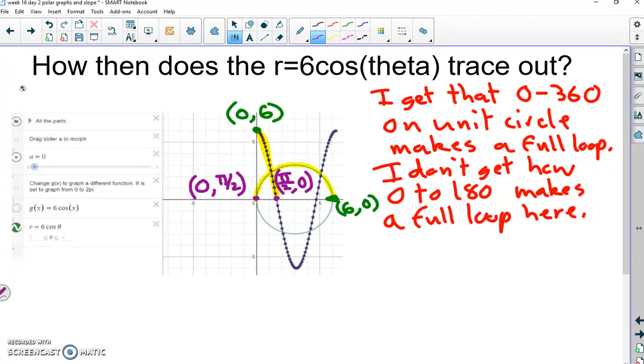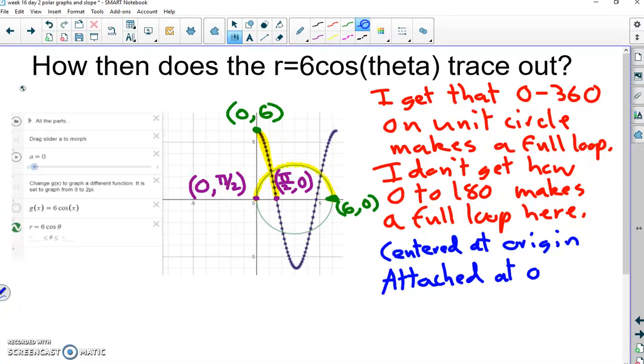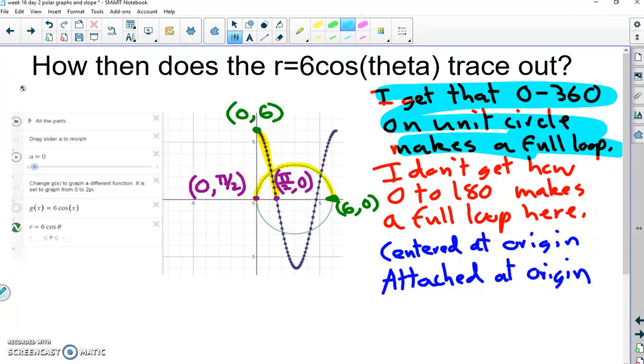So the big difference is you've got to be careful about being centered at the origin or being attached at the origin. James's comment was about, I get that this makes a full loop, because you're centered at the origin.